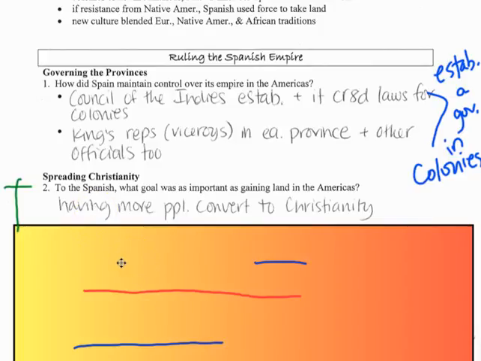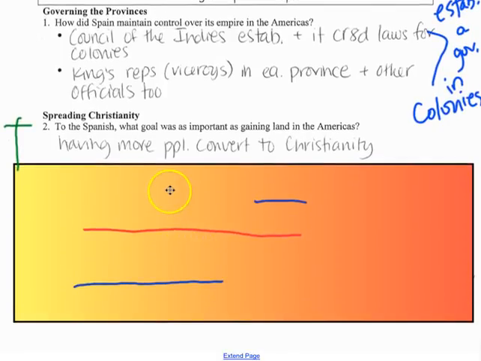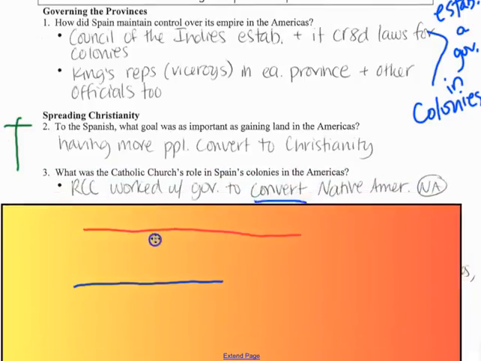I think the book mentions winning souls for Christianity, but what they're talking about is they want more Christians. Just like John Green said in his video, they're looking for gold and Christians. Well, and land. John Green didn't say land, but I think you know what I'm talking about. So we have that as an important aspect of establishing colonies.